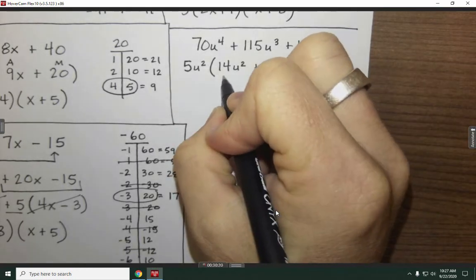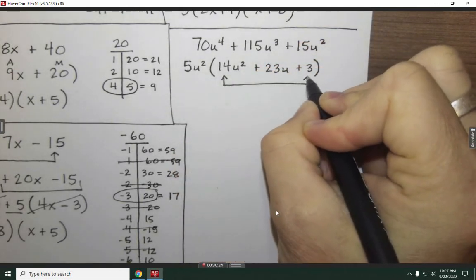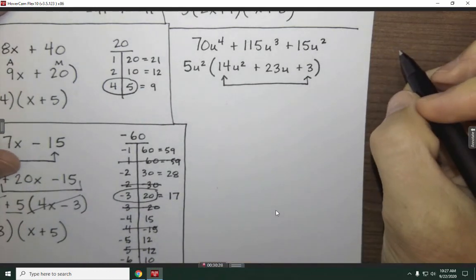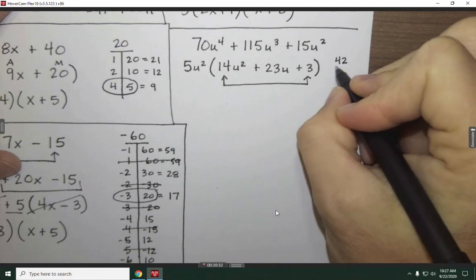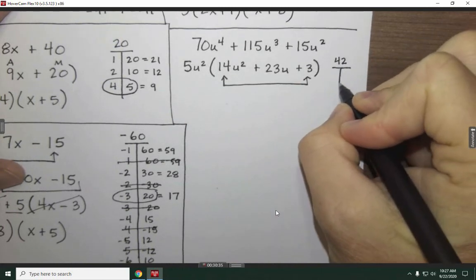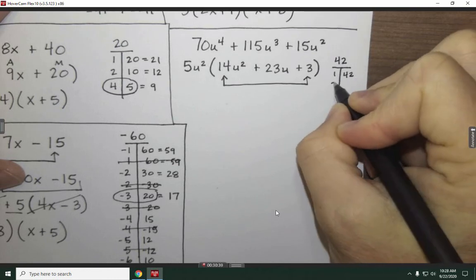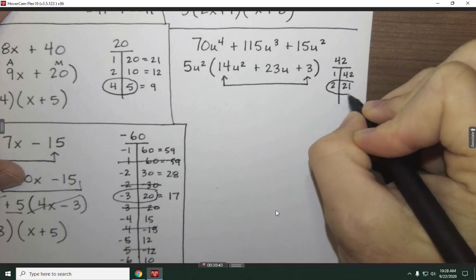So once again we'll do 14 times 3, our a times c, our constant. 14 times 3 is 42. So these are all positive, so we're just going to go down our list. 1 and 42, 2 and 21, and we've already found it.